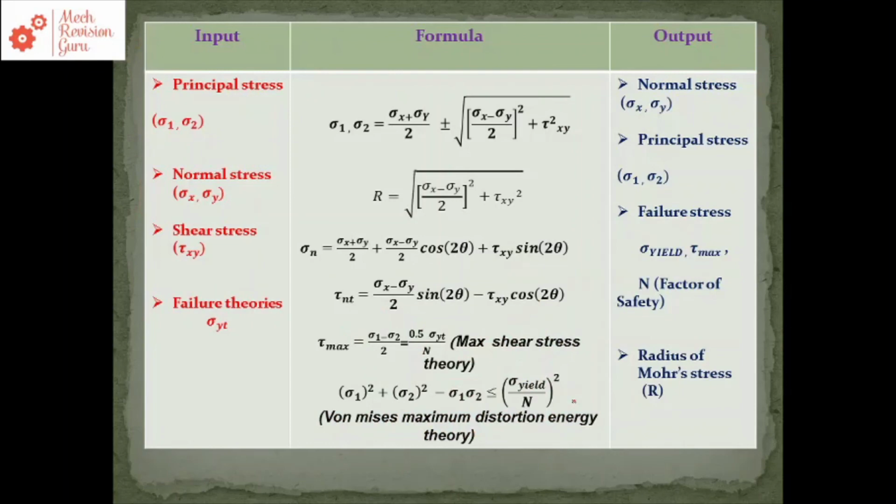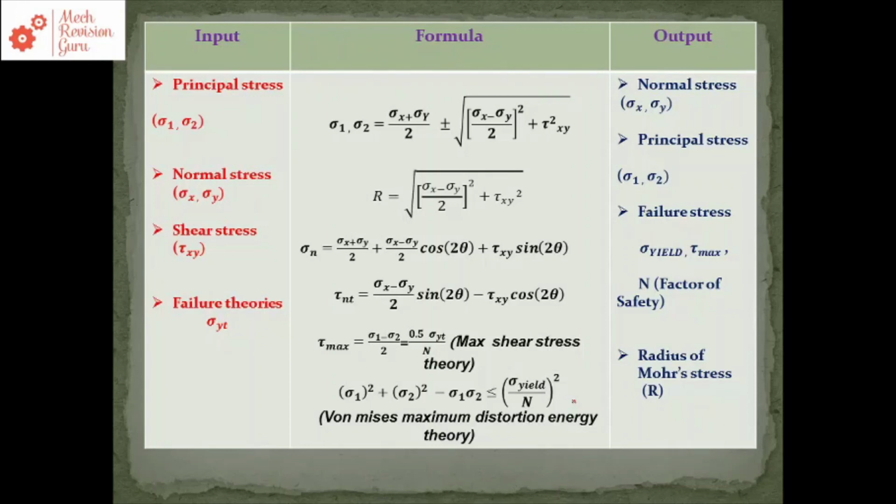Ultimately, this is a consolidated table which gives the inputs. If they give the principal stresses, then the output will be the normal stresses or failure stresses or factors of safety. If they give the normal stresses, they will ask for principal stresses.